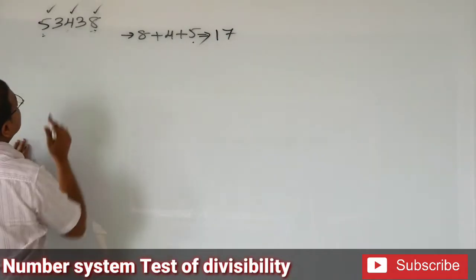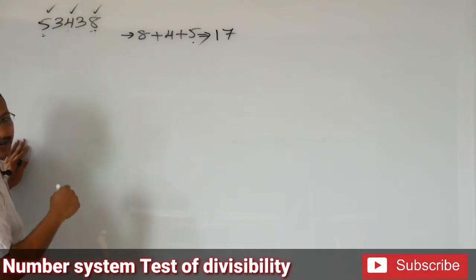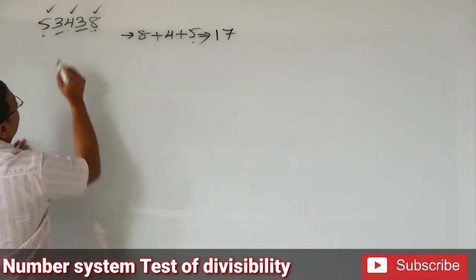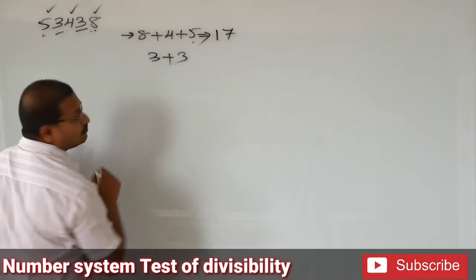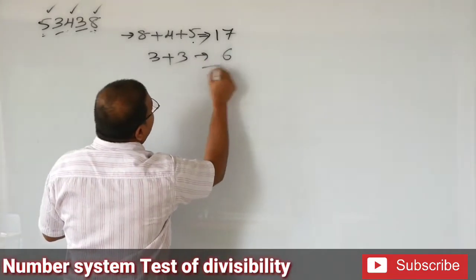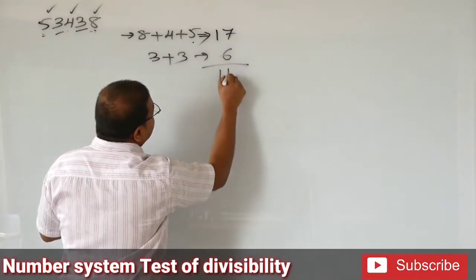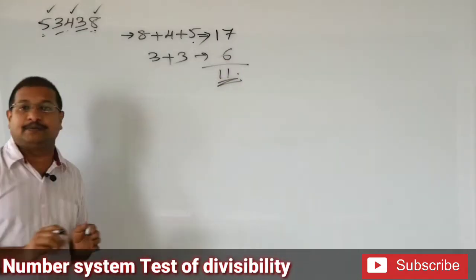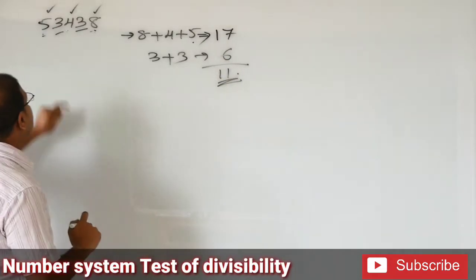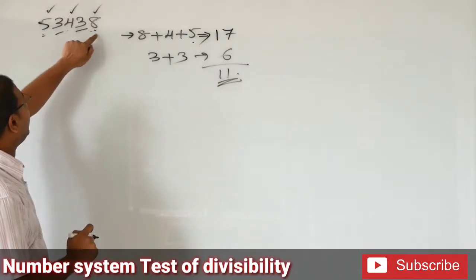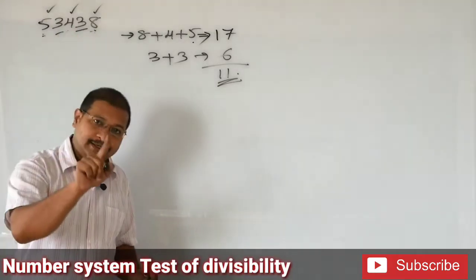Ready? After this we'll see the even place, that is 3 and 3. That means 3 plus 3, what will you get? 6. When you subtract 17 minus 6, 11. That means 11 is divisible by 11. That means 53438 is divisible by 11. Ready?